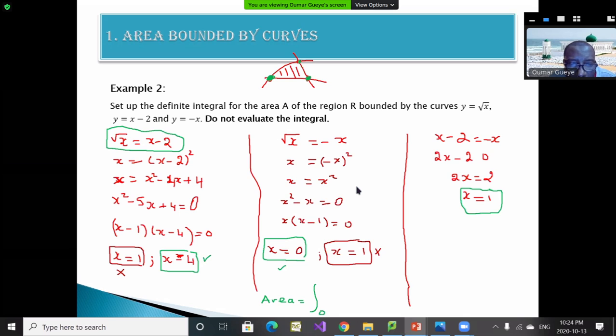And the second smallest one is 1. It means you have to integrate from 0 to 1. Plus now, a second integral, because here we split our area in 2 areas. That's why we'll get 2 integrals. And now we integrate from 1 to 4.